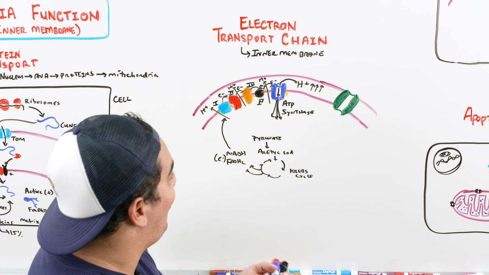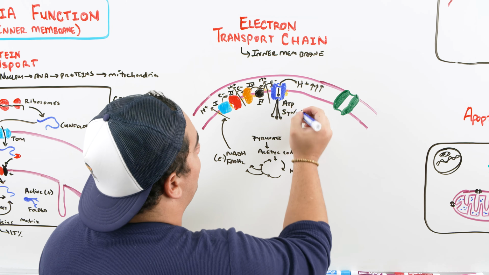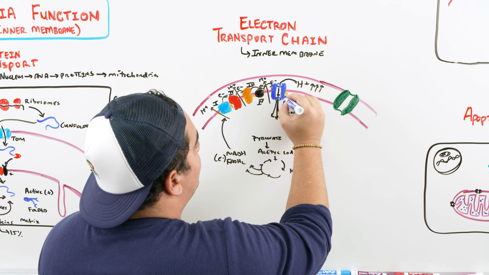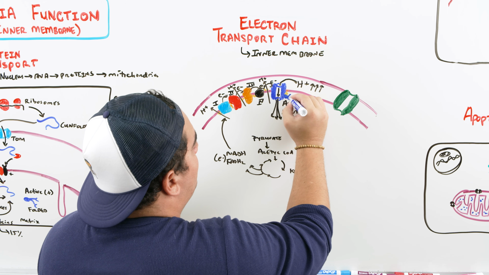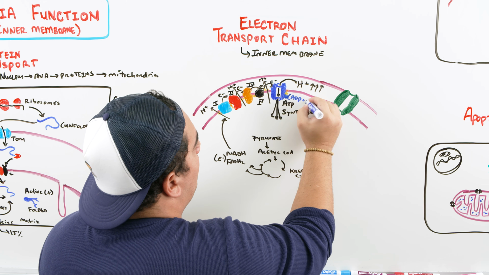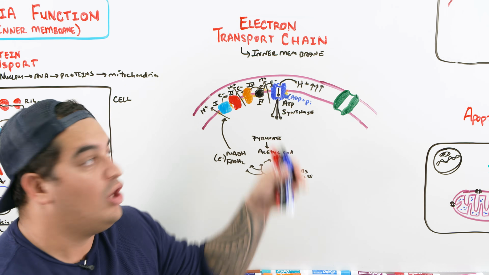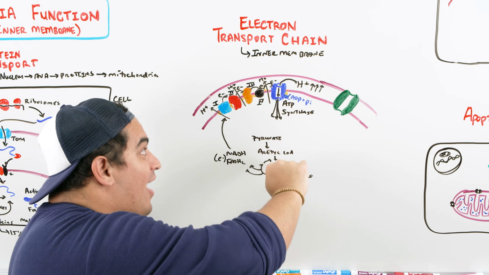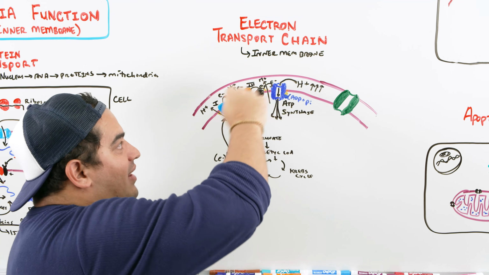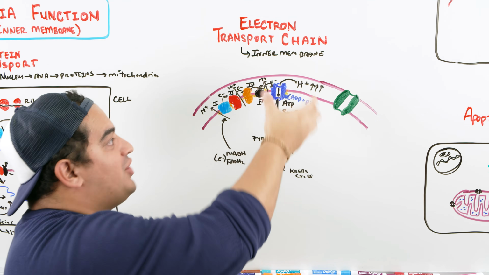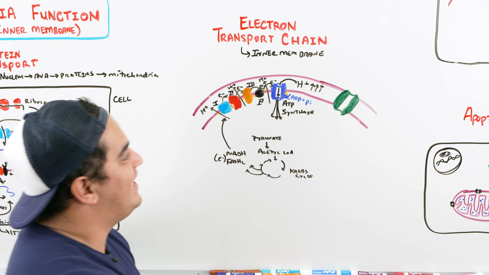And when it harvests all that energy, what it allows it to do is, naturally, something is bound to this. It's called ADP and an inorganic phosphate. They're kind of stuck to this ATP synthase. But as the protons run down this gradient, as electrons are being passed down, it creates this energy that fuses these puppies together.